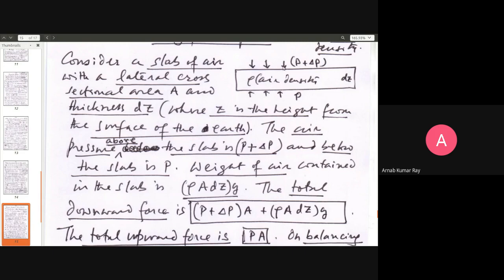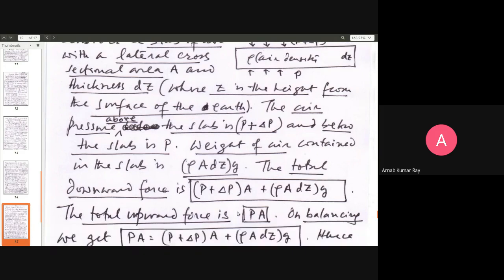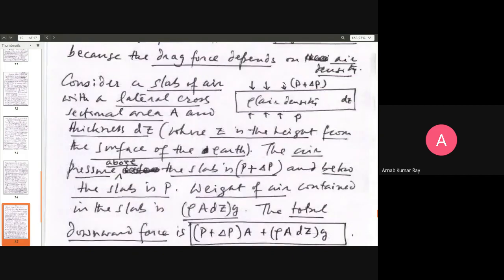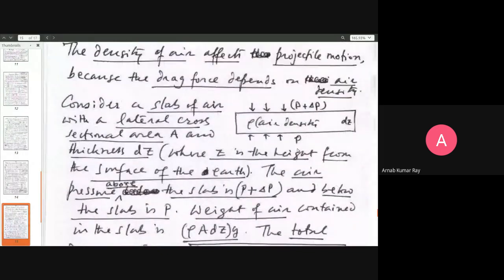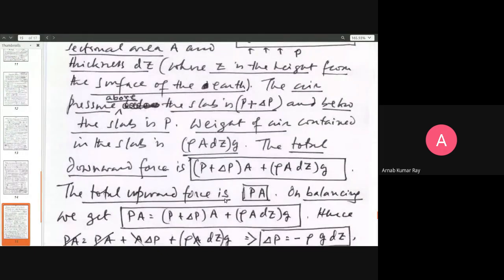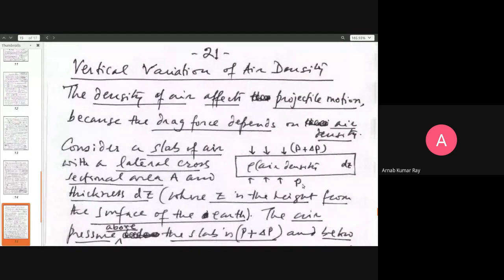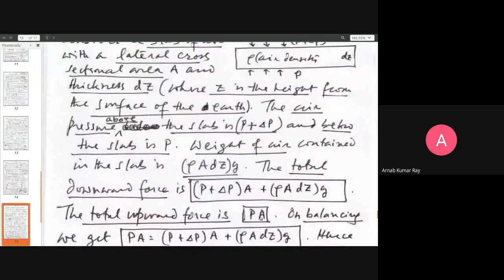Also, this pressure is acting downwards on this face, right? So P plus delta P into A is the downward force due to the pressure, plus the weight. So the total downward force is P plus delta P into A plus rho A dz into g. The total upward force acting from the bottom is PA.